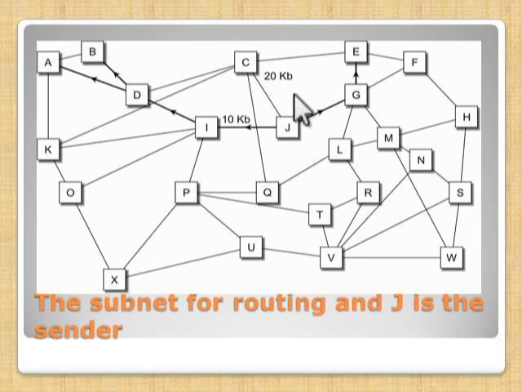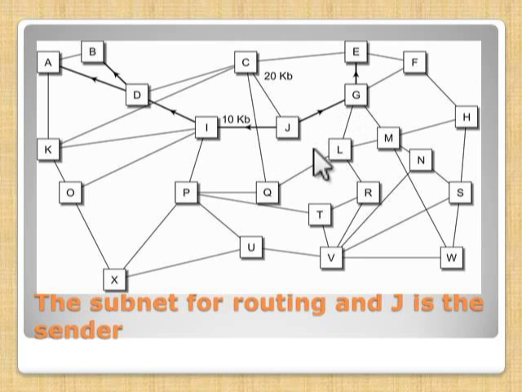J sending data to B, the next router will be G and the interface will be G. J sending data to W, the next router will be G and the only interface will be 1.